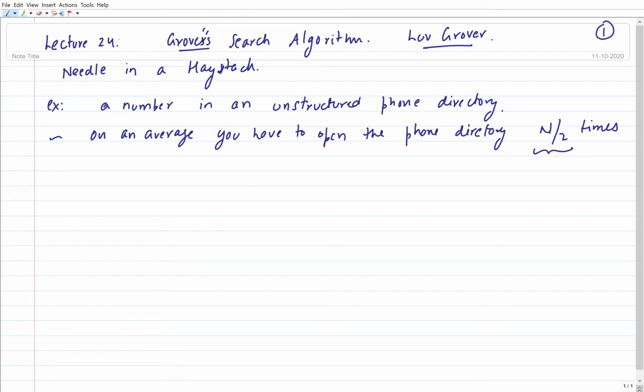So Lov Grover gave a quantum algorithm, I think in 1996, to do it in order of square root of n queries.